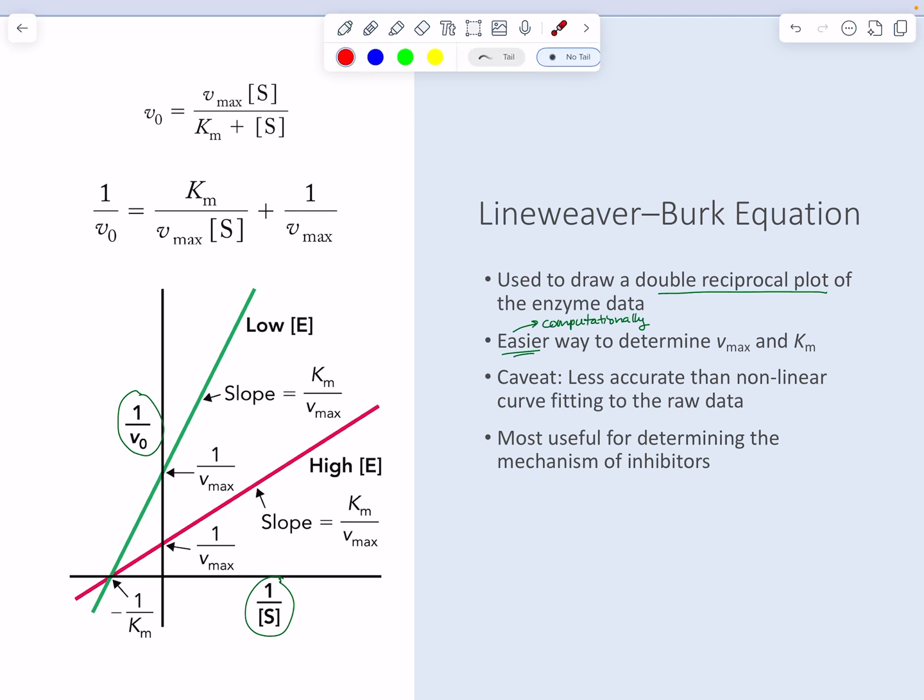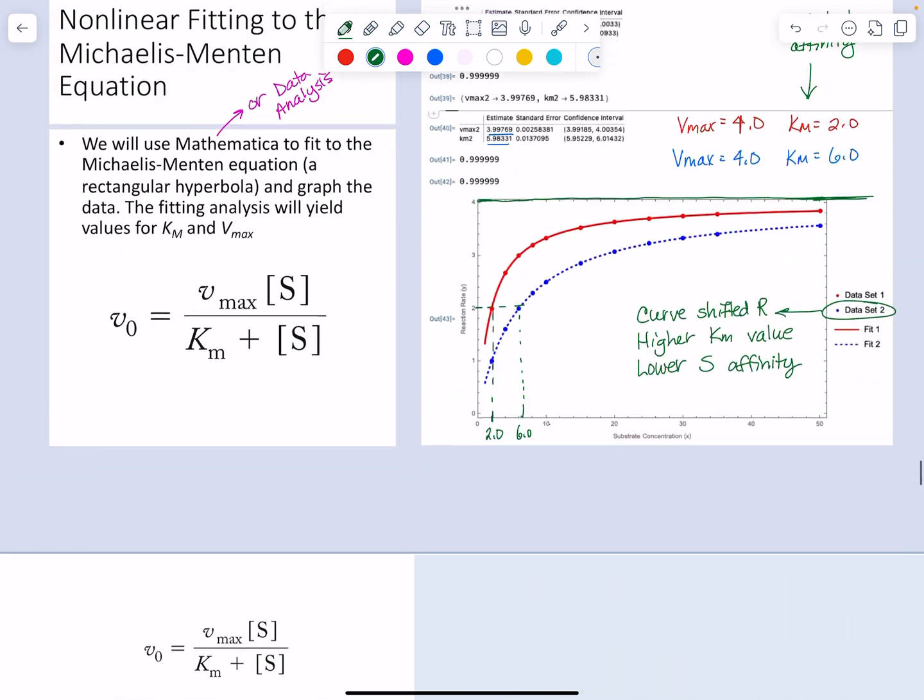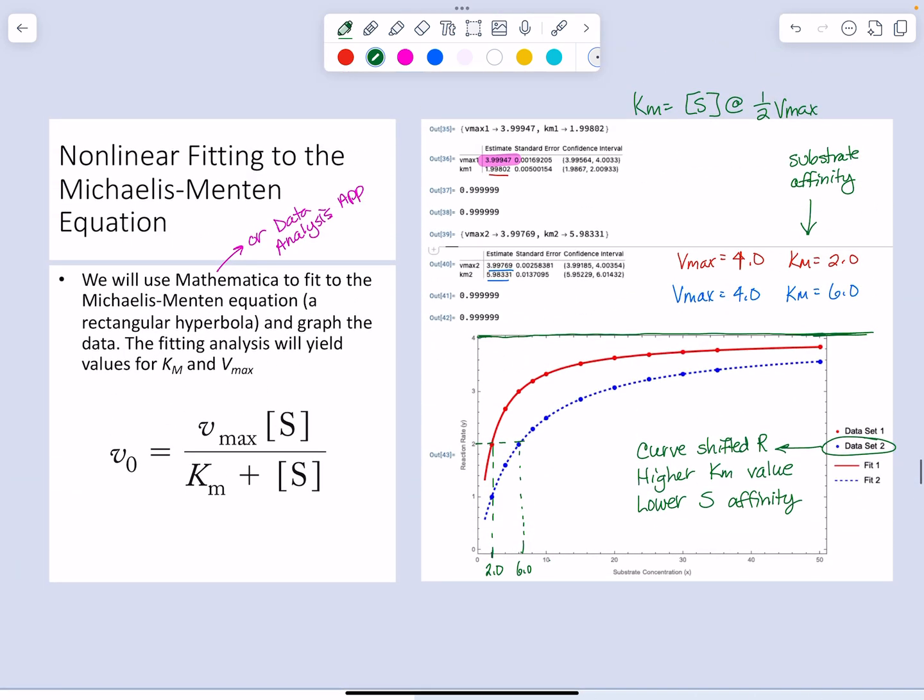Now the things to note about Lineweaver-Burk. Fitting to the Michaelis-Menten equation is the most accurate way to get Vmax and Km from your data.